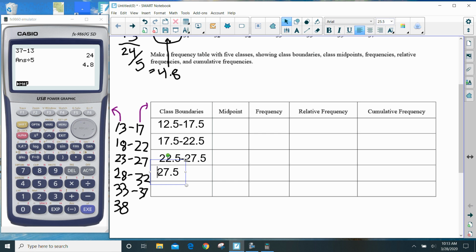So what we're also noticing is where these boundaries end is exactly where the next one begins.